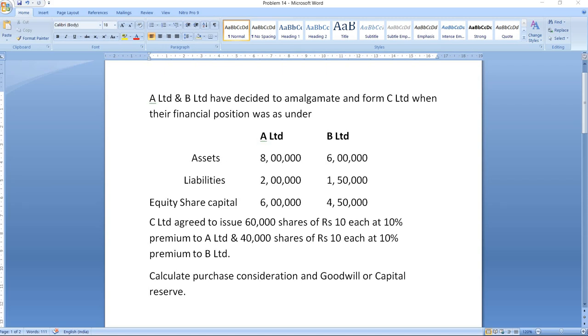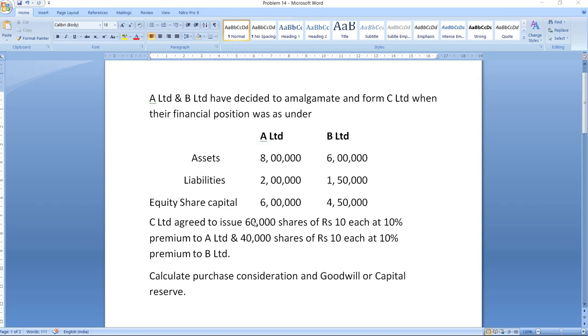A Limited and B Limited have decided to amalgamate and form C Limited when their financial position was as under: assets of A Limited 8 lakhs and of B Limited 6 lakhs, liabilities of A Limited 2 lakhs, B Limited 1 lakh 50,000, equity share capital 6 lakhs and 4 lakh 50,000.